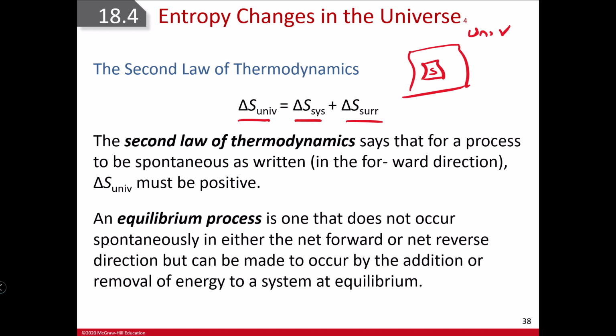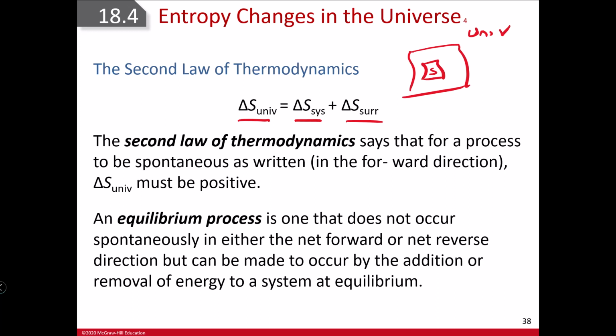So let's make sure we memorize the second law of thermodynamics, especially those of you thinking you're going into physics. It says that for a process to be spontaneous as written in the forward direction, the entropy change of the universe must be positive. All right? So the entropy change of the universe must be positive for this to go forward.